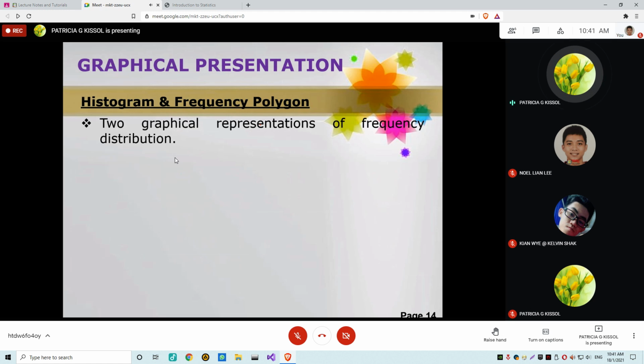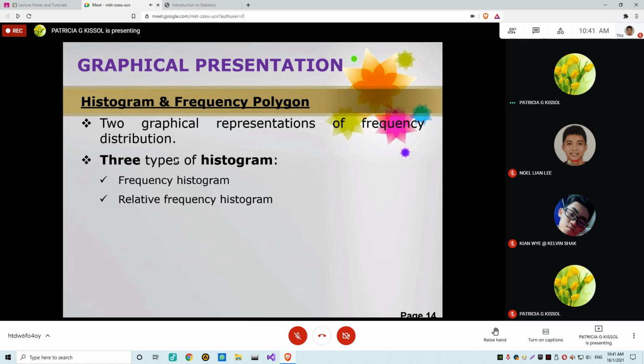There are two graphical representations of frequency distribution, and we're going to focus on only two types, the histogram and the frequency polygon. The first one is the frequency histogram. Then we have the relative frequency histogram. Then we have the percentage histogram.